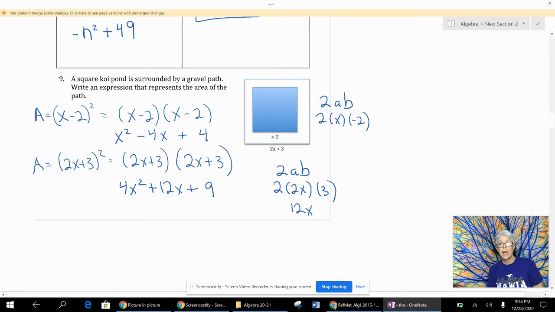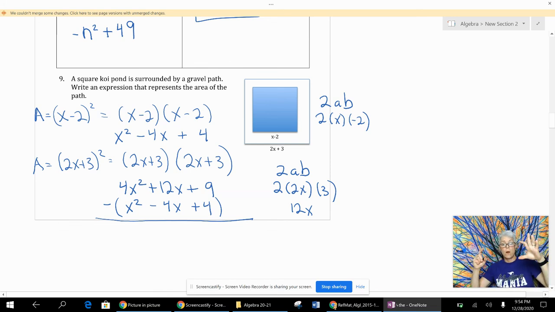I'm not done. I now have to find the difference between the two areas. So I'm going to subtract the area of the smaller square from the bigger square. Now, I'm going to do something here. I don't want you to miss it because sadly a bunch of you are going to miss it when you do this on a test. All right, going back to subtracting polynomials.